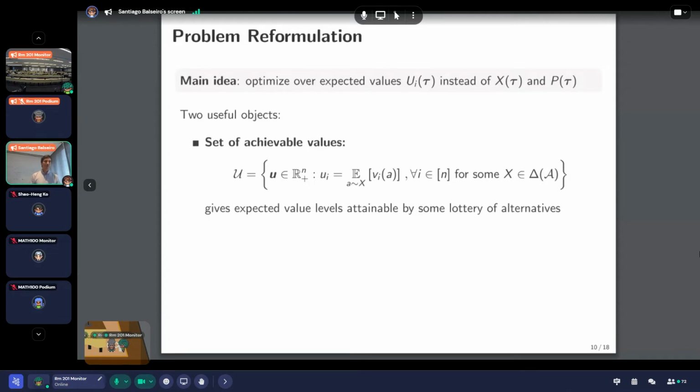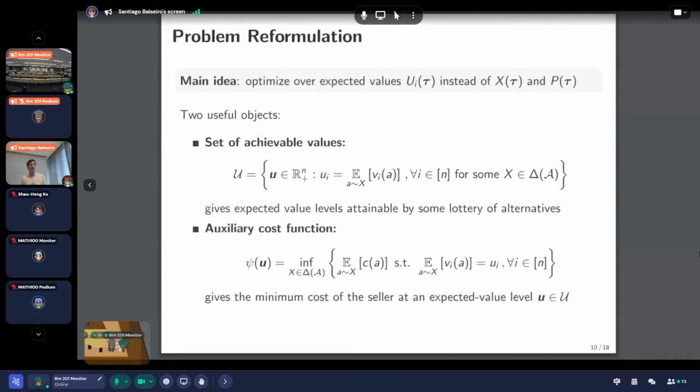And the other is the auxiliary cost function, and it says, look, if you want to implement a given expected value for the buyers, then you, as the seller, want to do it at the minimum cost. So you're saying, if you want to have given utility levels, then you better do it at the minimum cost. And then using these two objects, we can actually reformulate our problem.